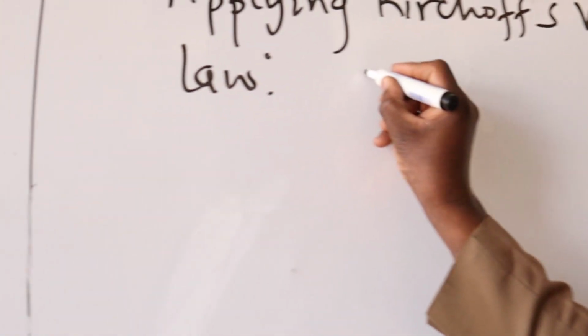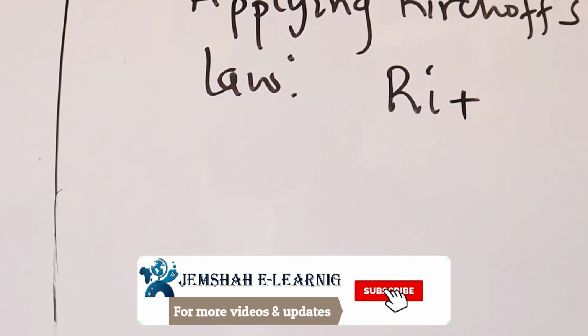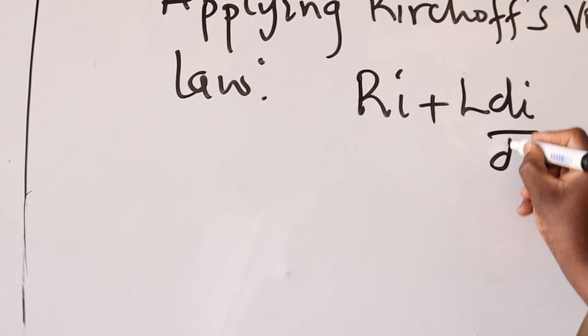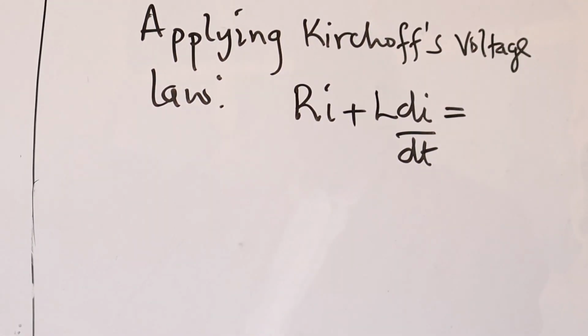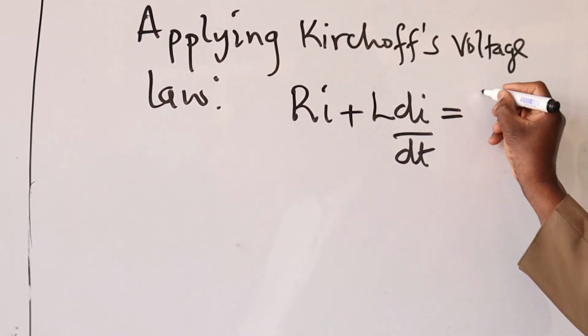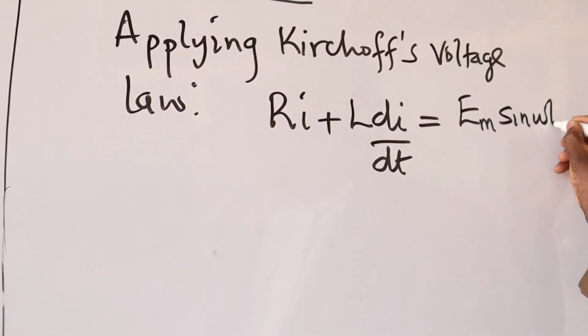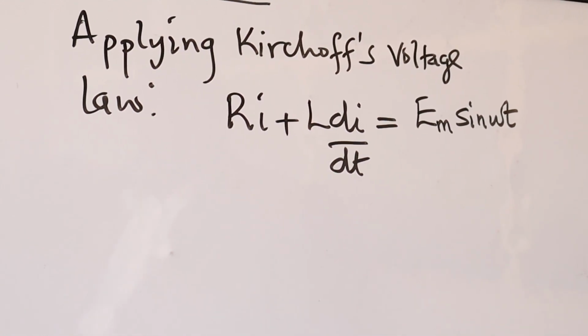So we say Ri plus the voltage drop across an inductor, L di/dt, should be equated to the EMF, which is Em sine omega t.